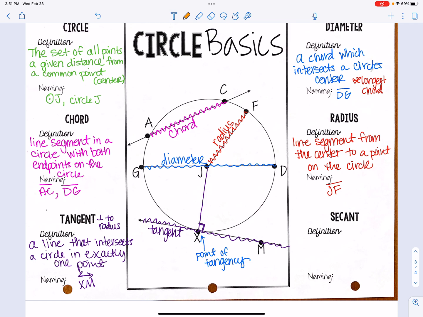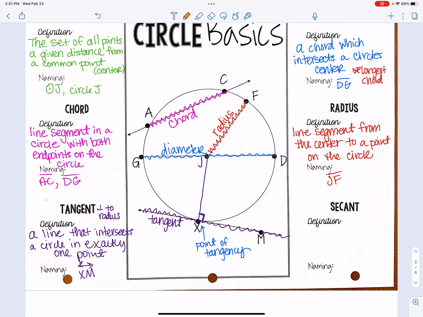Okay, now we're going to talk about secant. We heard that word last chapter also. Secant, again, different type of secant. So a secant is going to be a line, and I want you to underline line, which intersects a circle in exactly 2 points. A line which intersects a circle in exactly 2 points.